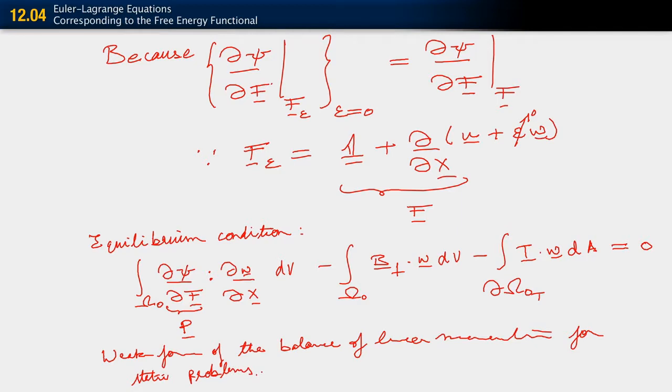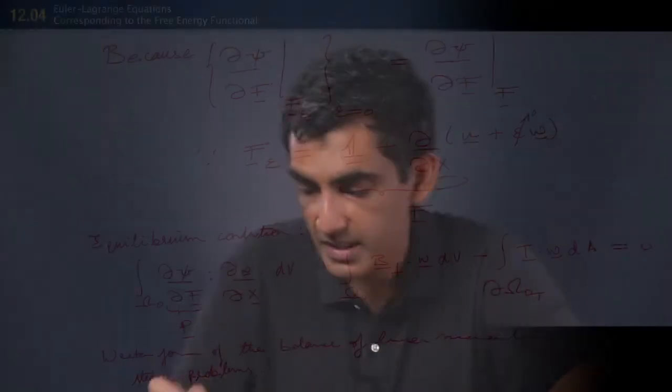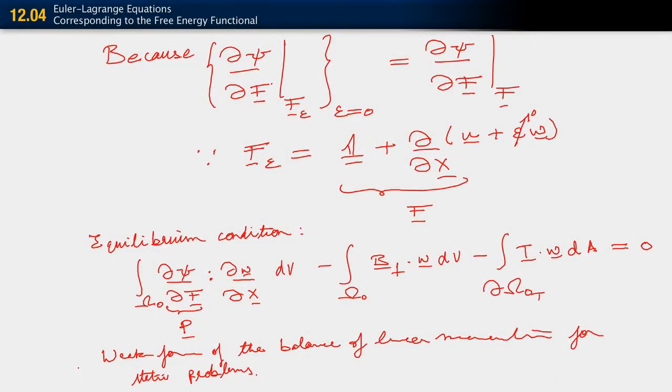By static, we mean problems that are not dynamic, where the time-dependent term is missing. Okay, you observe that there is no time dependence in this problem, right? So this is often called the weak form of the balance of linear momentum for static problems. When we come back in the next segment, we will try to understand, also at the end of that segment, why it is that we call this the weak form of the balance of linear momentum. Okay? Right, we'll stop here.